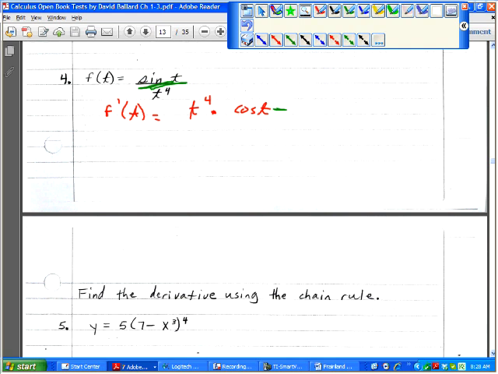Minus the numerator times the derivative of the denominator, which would be 4t to the 3rd, all over the denominator, t to the 4th squared.